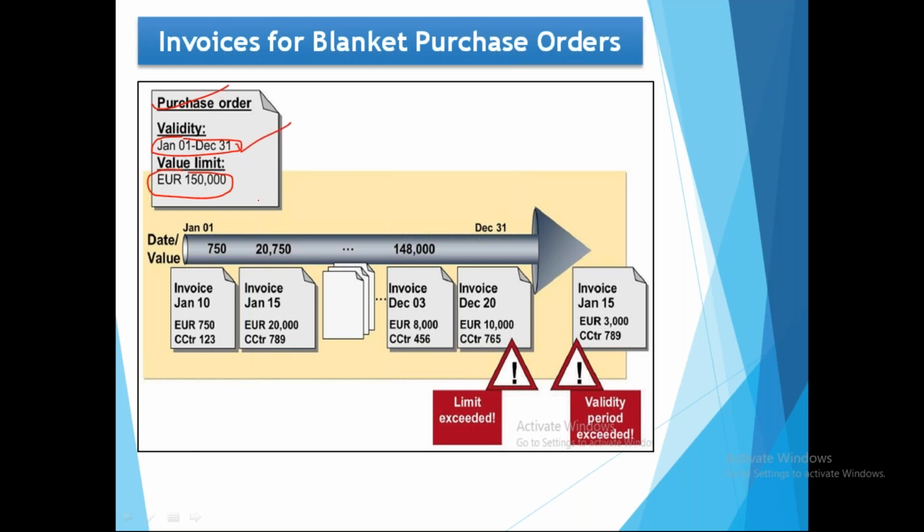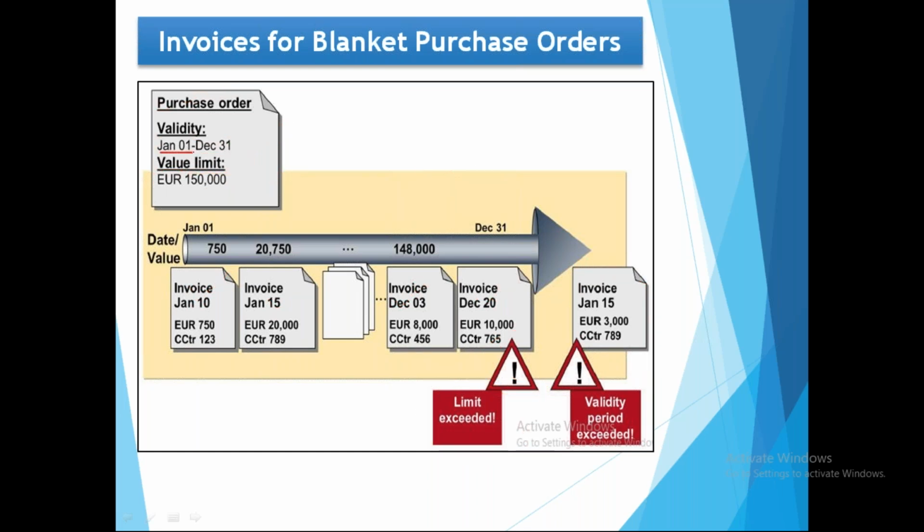So when you have this validity date and value limit, when you are doing the invoicing in the MIRO transaction, once the limit is exceeded, the system will not allow you to post the invoice.